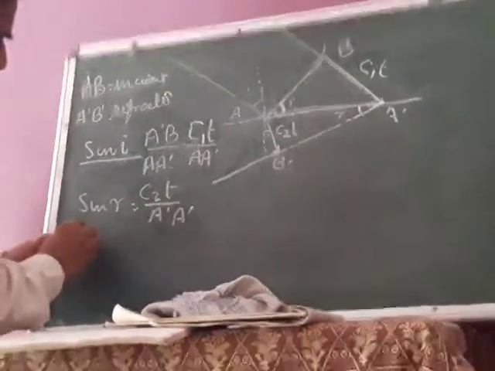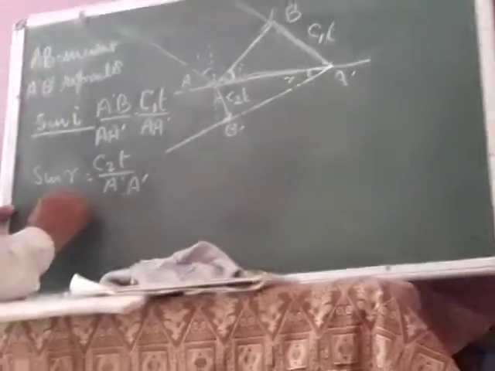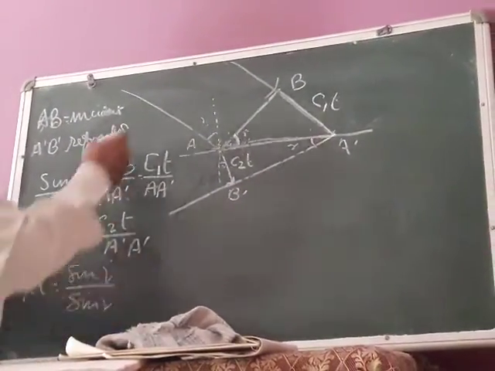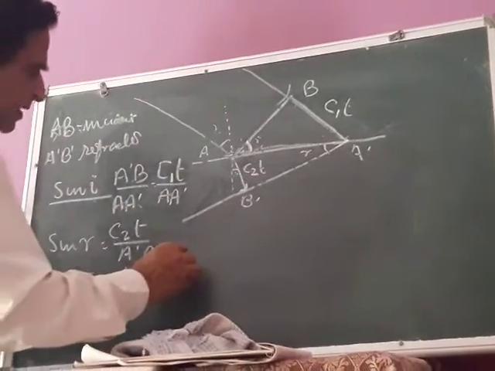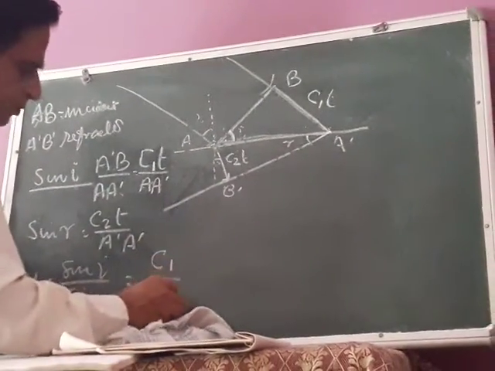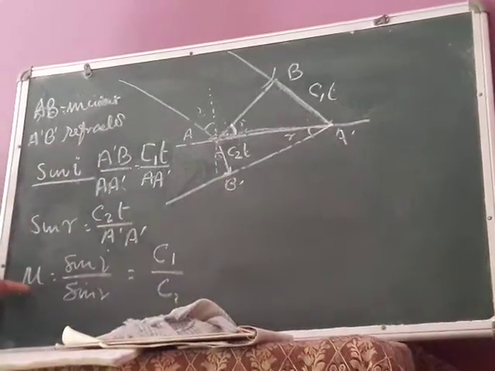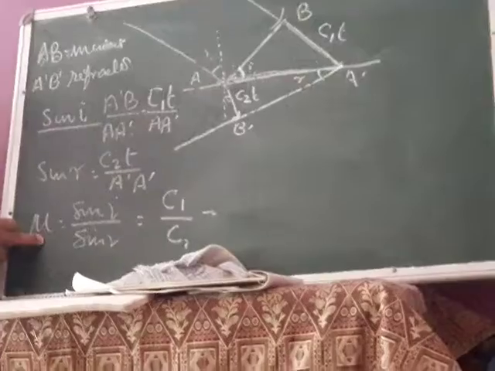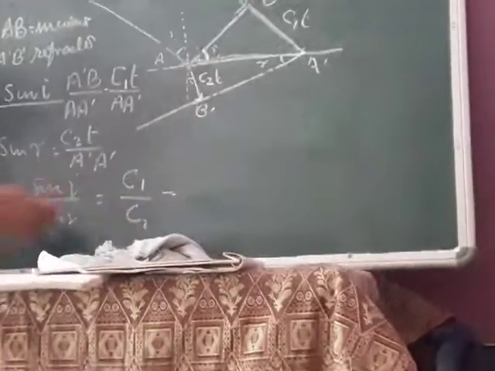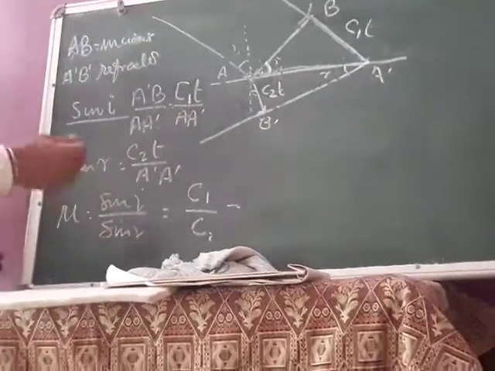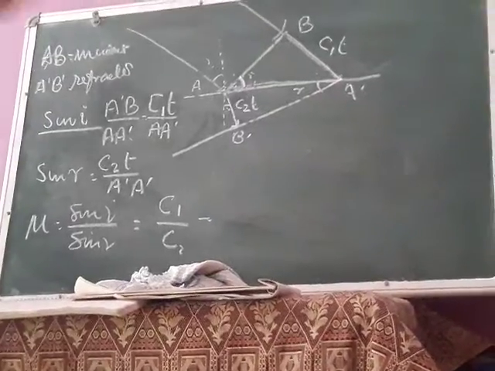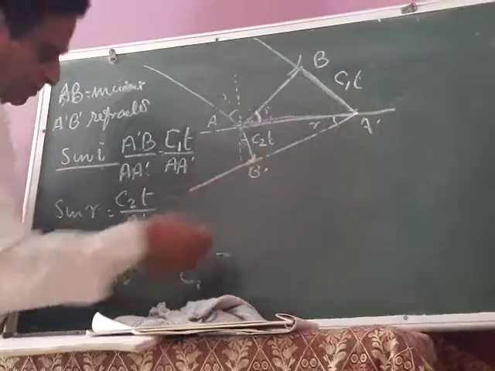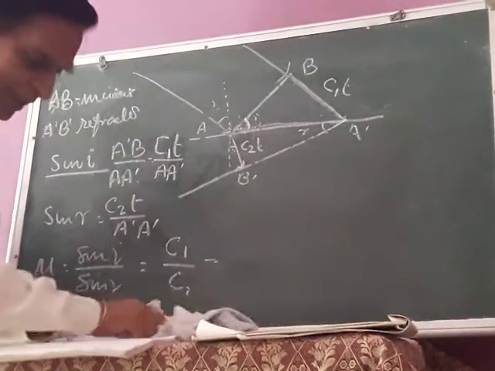So simply Snell's law says mu is sine i upon sine r, which, if you divide, simply becomes c1 upon c2, because these two things are the same. This is what Snell's law is. The refractive index, sine i upon sine r, is nothing but the ratio of the two speeds in the media, speed in air to speed in the medium.